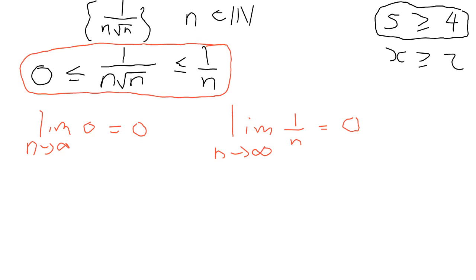So since both limits, left and right, are equal to 0, remember, the limit of a sequence is what the sequence converges to. So both sequences converge to 0. Of course, the left one is not moving, it's a 0 from the beginning, but the right one is converging to 0. Since the left and right both converge to 0, the middle one is also converging to 0. Therefore, the limit as n tends to infinity of 1 over n root n is equal to 0 by the squeeze lemma.